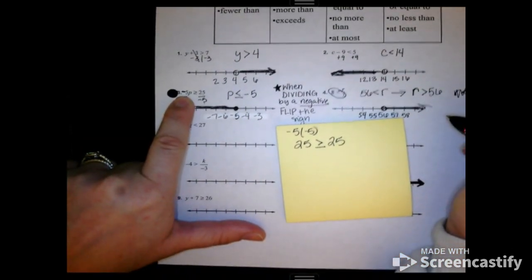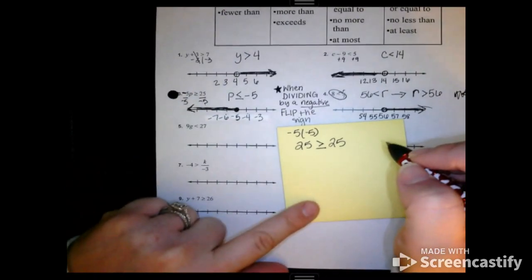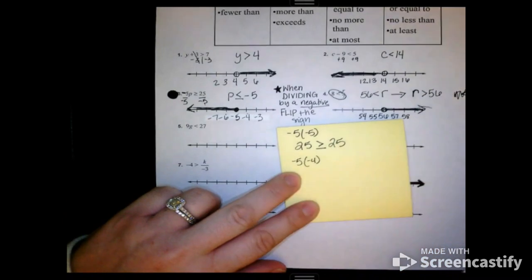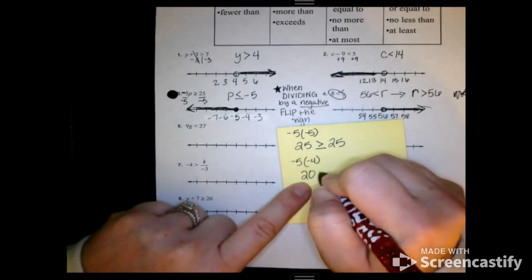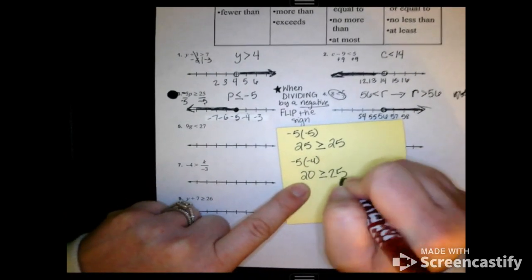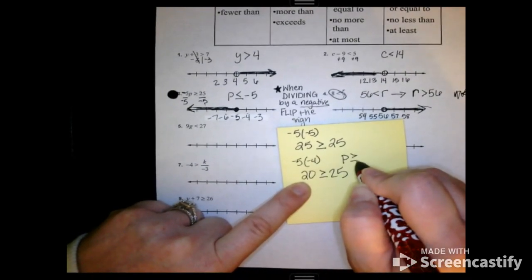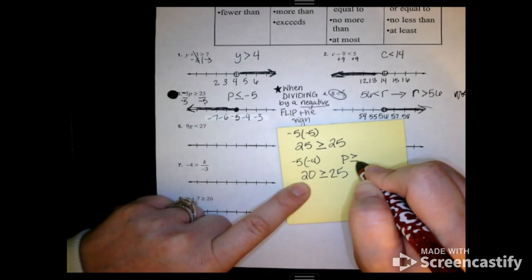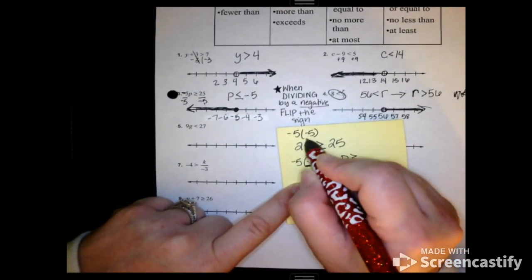If I put -5 times -4, what is -5 times a -4? A positive 20. Is 20 greater than or equal to 25? No. So if I would have kept my sign the same and said it had to be greater than or equal to, do y'all agree that -4 is greater than -5? So that wouldn't be true anymore.